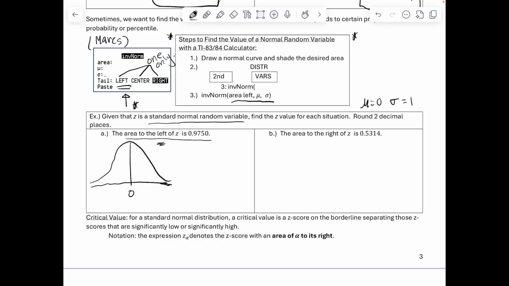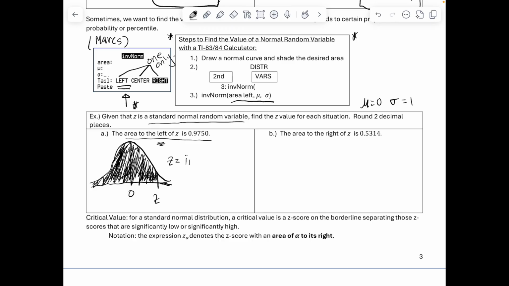So I know that z is going to be pretty far to the right, because if I shade it, it needs to be most of that graph shaded. And again, I'm shading to the left because that's the way that it says to shade for this problem. I also want to note that z is on the right side of 0, which means that it needs to be a positive number, and that's a nice way to kind of check this.